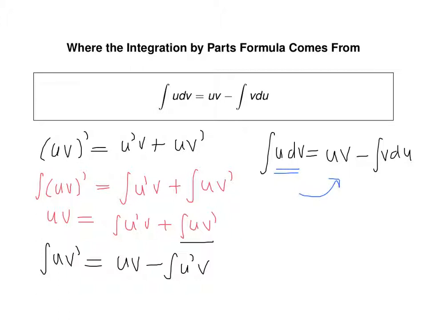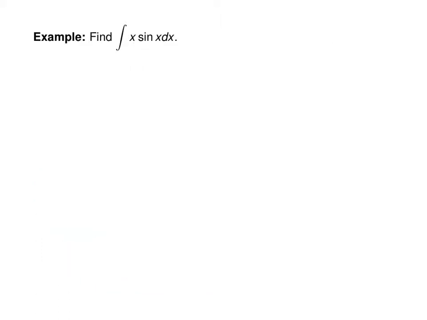And let's do an example. Let's apply the integration by parts technique to evaluate the integral of x sine x. So first of all, the formula is the integral of u dv is equal to uv minus the integral of v du. Usually you choose u to be something whose derivative disappears as you differentiate it repeatedly or becomes a constant.